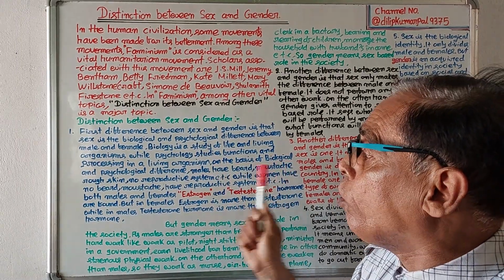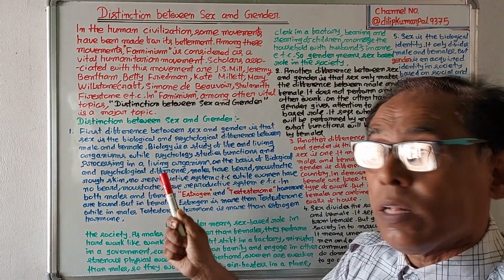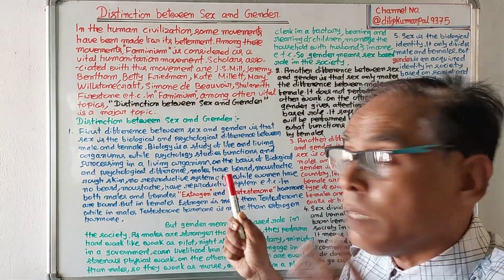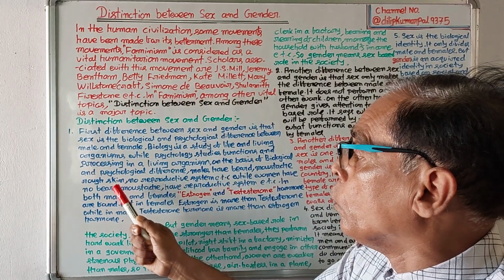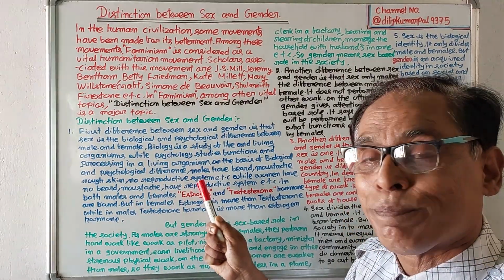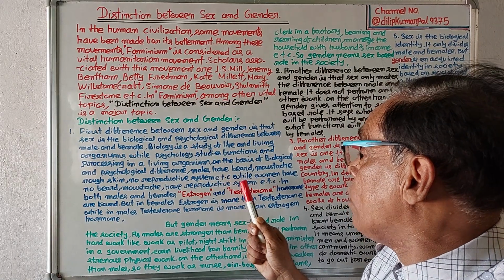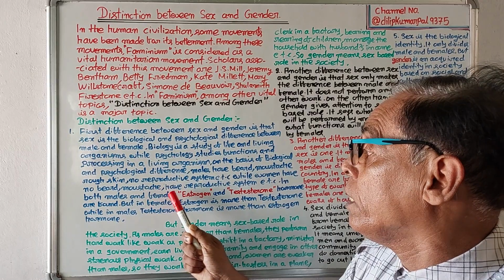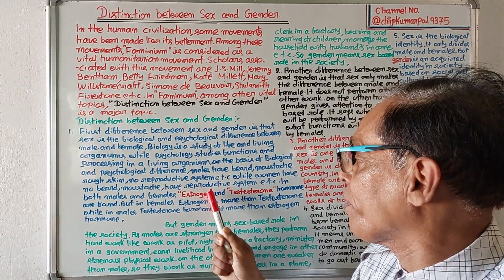On the basis of biological and physical differences, males have beard, mustache, rough skin, no reproductive system, etc. While women have no beard, no mustache, have a reproductive system, etc.